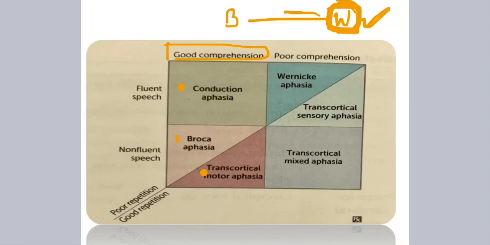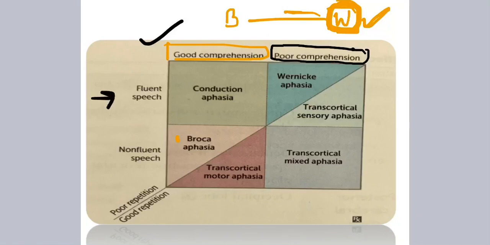Now the poor comprehension falls for Wernicke's aphasia, transcortical sensory aphasia, and transcortical mixed aphasia. That is one demarcation of how to divide these into a 2 by 2 table: good comprehension and poor comprehension.